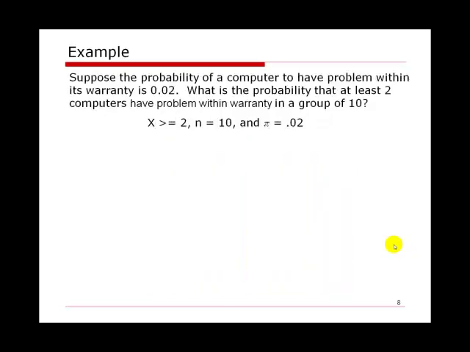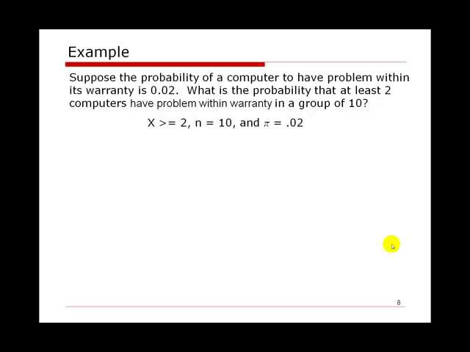Now let's take a look at another example. Suppose the probability of a computer to have a problem within its warranty is 0.02. What is the probability that at least 2 computers have problem within warranty in a group of 10?